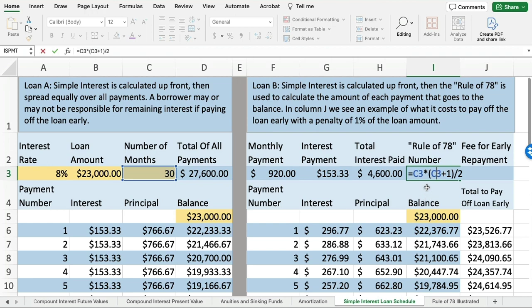So in cell I3, we're going to type equals C3, that's our N, our number of payments. Equals C3 times parentheses C3 plus 1. So it's basically N times N plus 1, and then you divide that by 2, so you're basically taking an average.